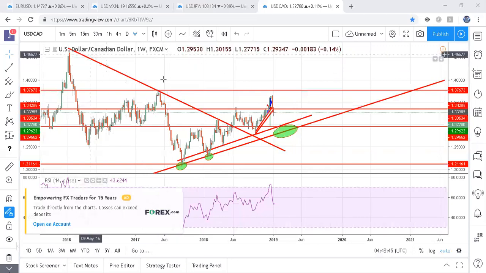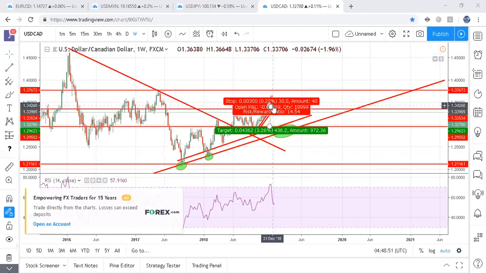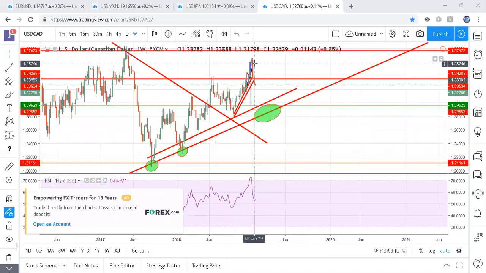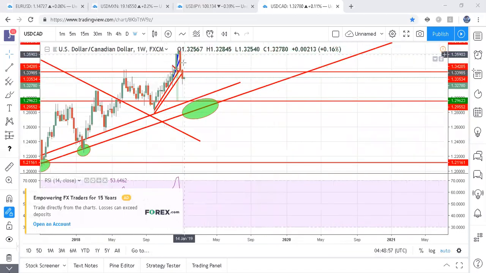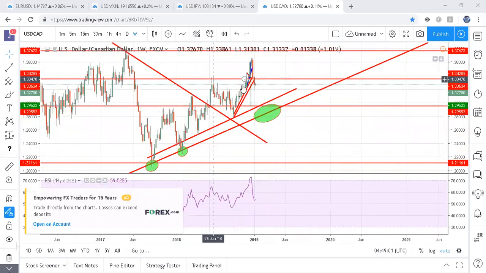On this weekly chart, this was a nice breakout. It came and retouched and came up here before it finally tanked. So some people are thinking of buying here. I know some people are trying to swing this because this is weekly.